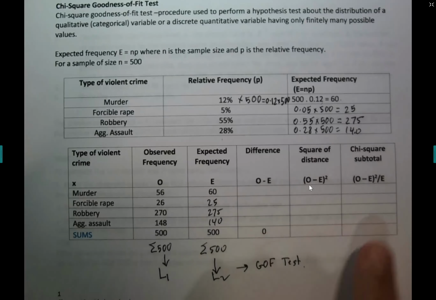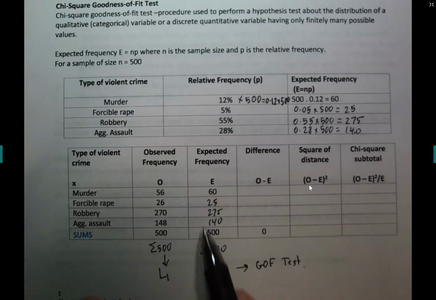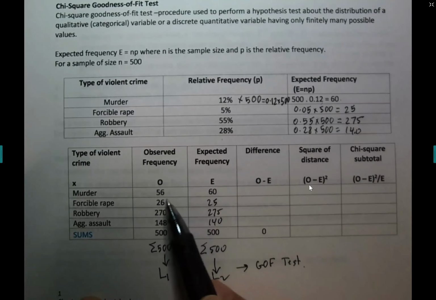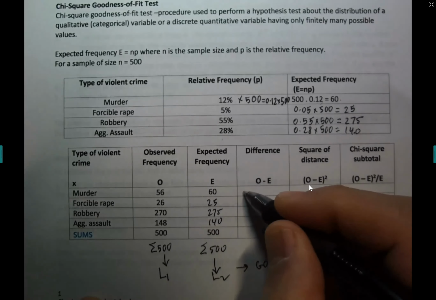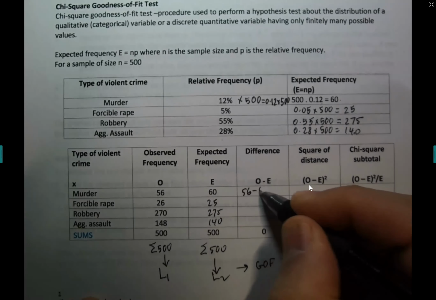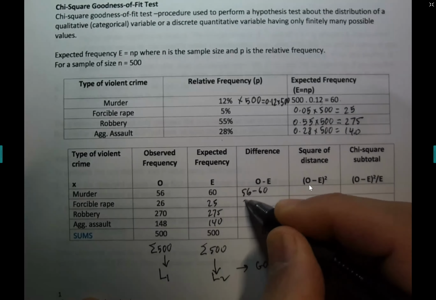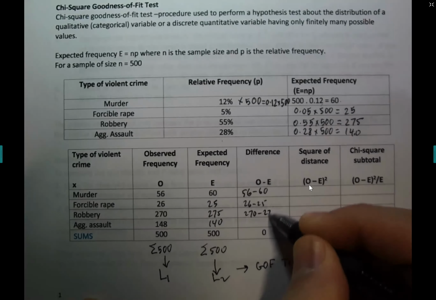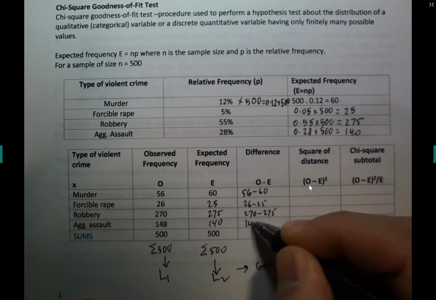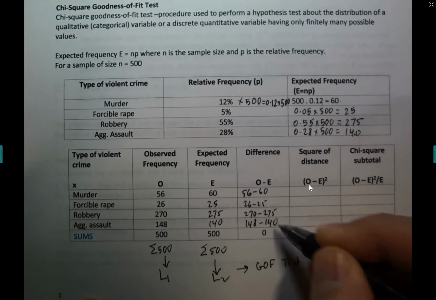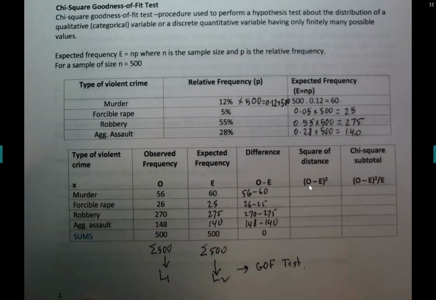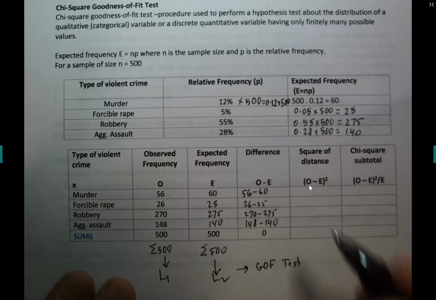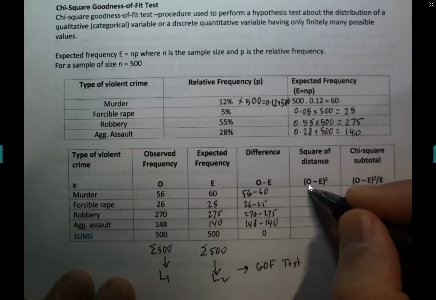The process to do this by hand, guys, is kind of tedious, but not difficult. So you just have now to do O minus E, which is 56 minus 60. And then you have to do 26 minus 25. Then 270 minus 275. I'm just going to do it to show you how we can compute the test statistic by hand. 56 minus 60, guys, is -4.